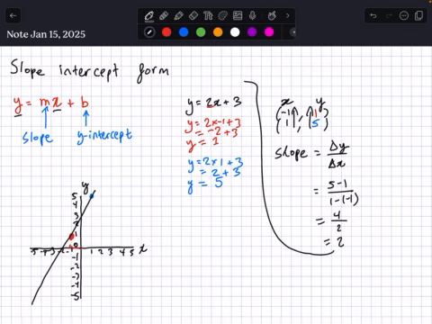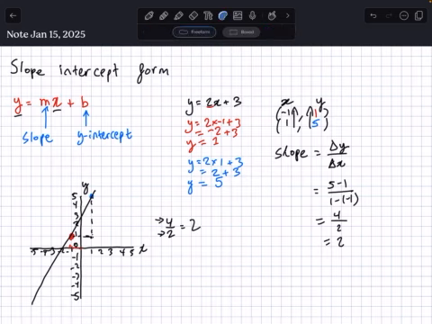And as you can see, that is what our slope is in our equation. And obviously, if we look on our graph, if we go across 2 and then up 4, that means we've changed our x by 2 and our y by 4, and that gives us 2. Also, from our equation, we see that the y-intercept is 3.